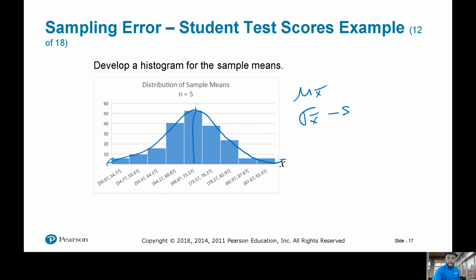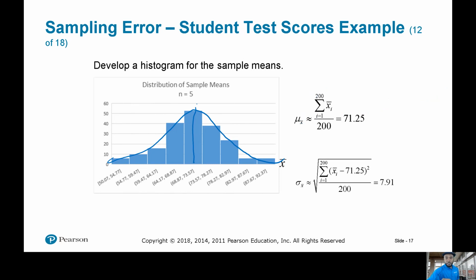So the mean of the sampling distribution, again, recall, is this, and this is the standard error.